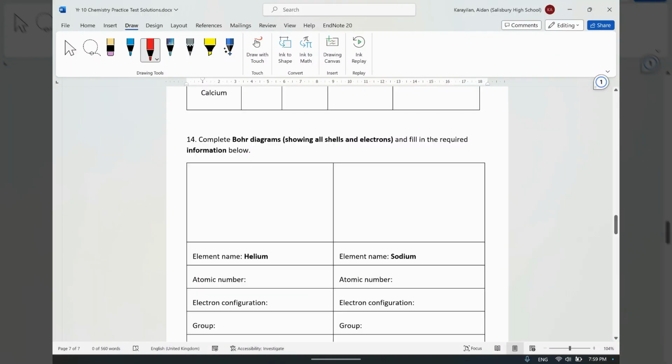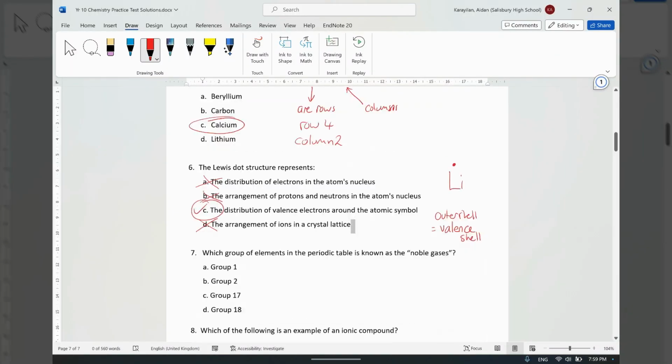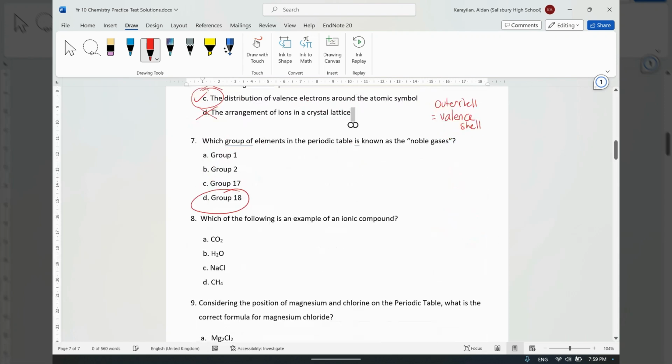So if we scroll back up, it is group 18. Group 1 are our alkali metals. Group 2 are alkaline earth metals. Group 17 are halogens, and that leaves our noble gases as number 18. So these are the ones you need to remember.